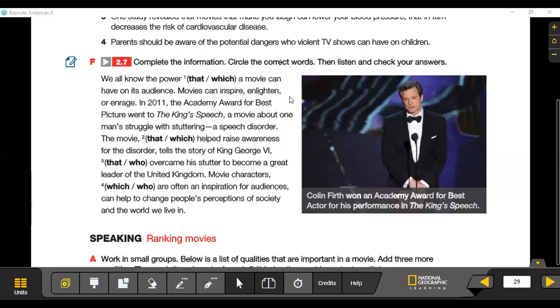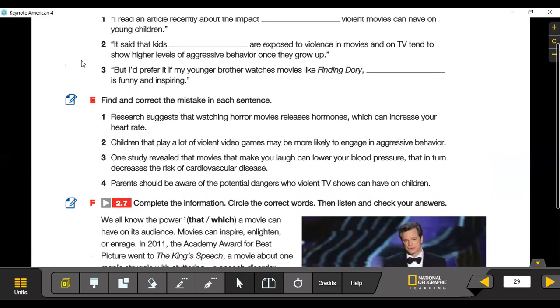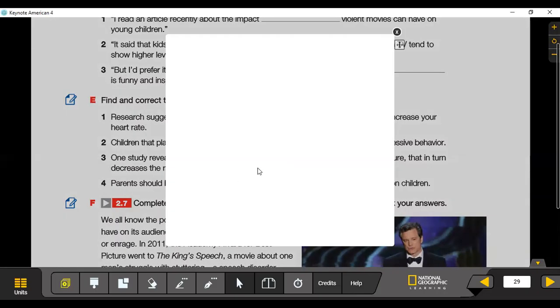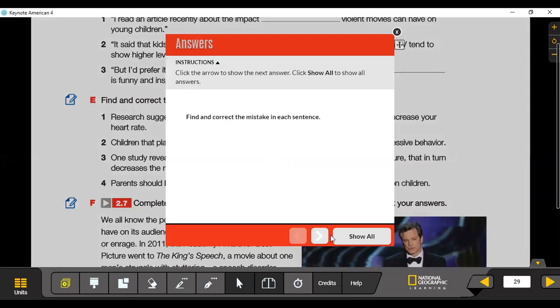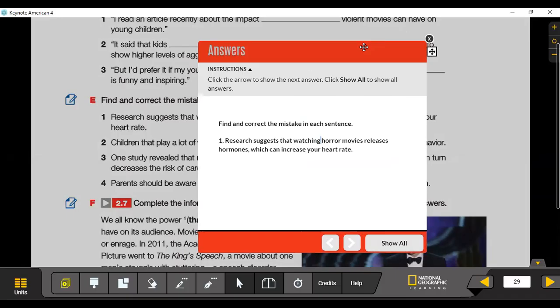Let me go back to the book. Here it is. All right.